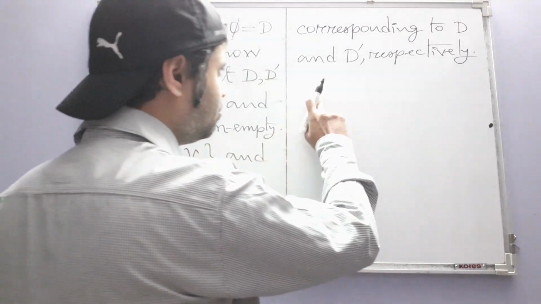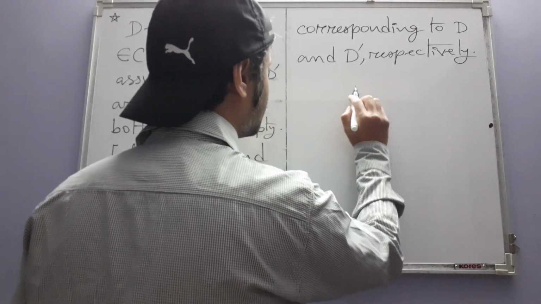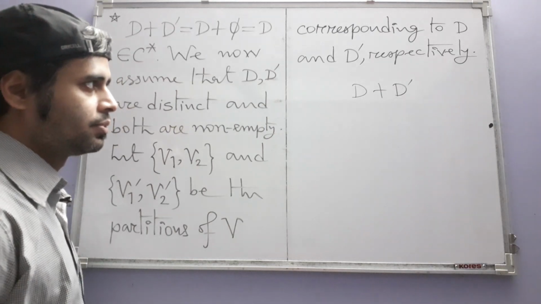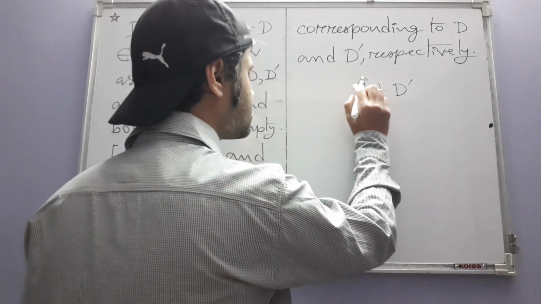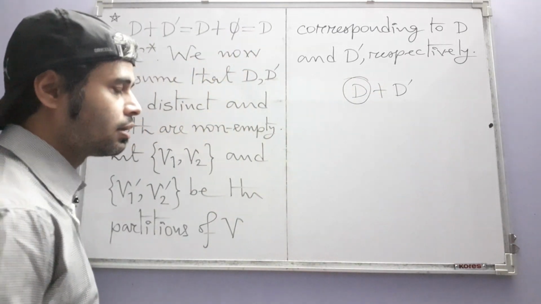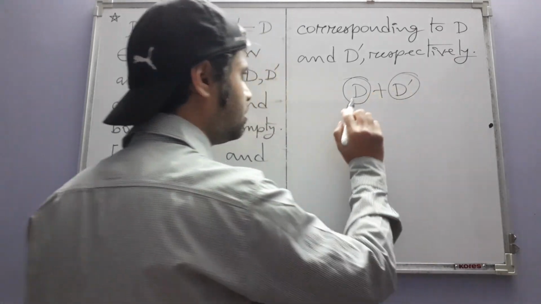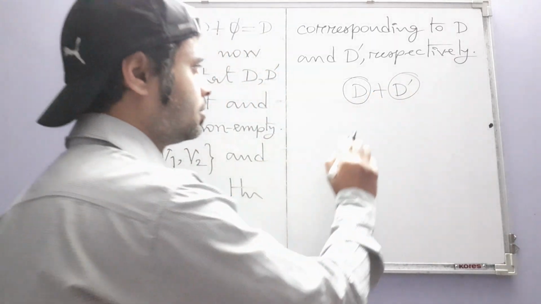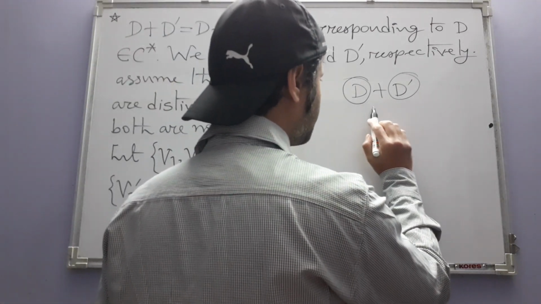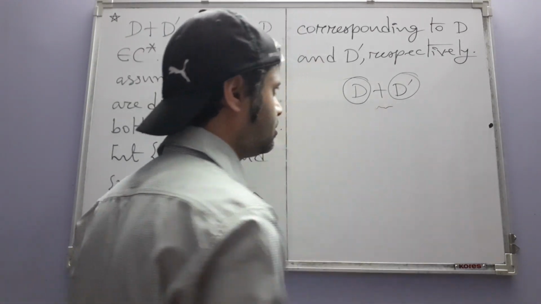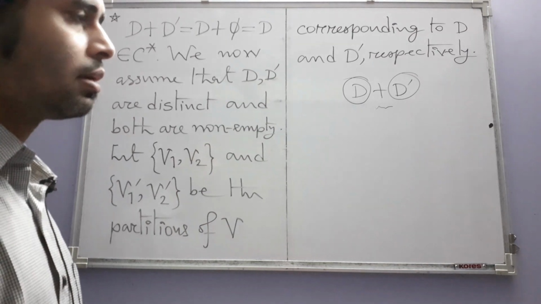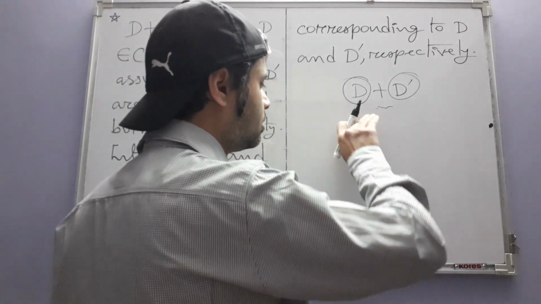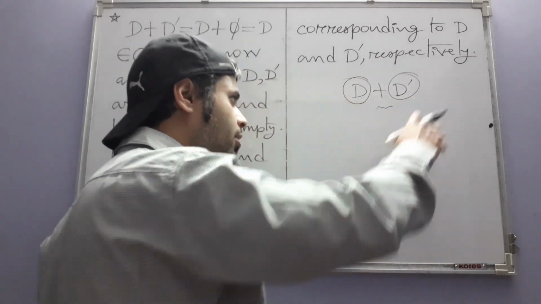So when we take the sum of D and D prime, what is it that we are doing? We will look at the set here and the set here. Each one of them is a set of some edges. We will then see whether we have any common edge or not, whether there is an element in their intersection, and then we are going to remove the intersection from the union.